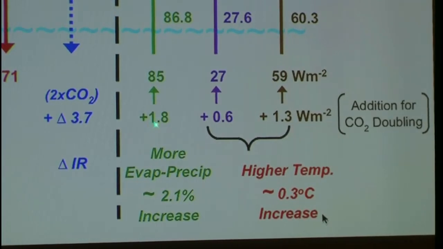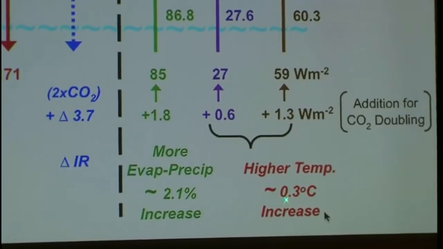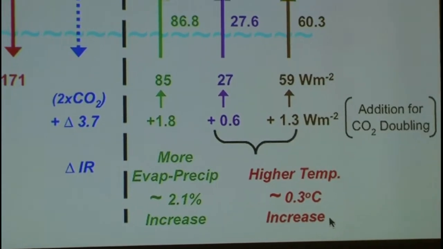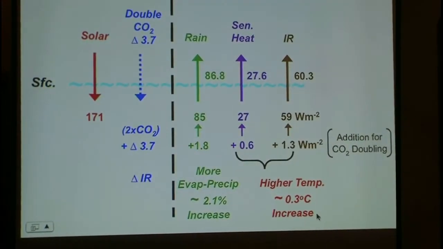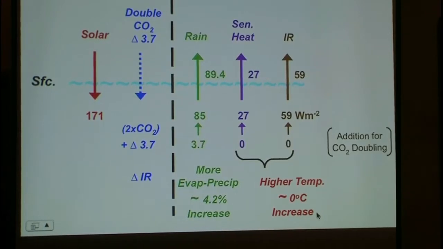This would go to 1.8. These other values would go up, and you'd balance the 3.7. And to have these go up in this amount only requires a global warming of about 0.3 or so. So what's all the noise about? I don't understand.